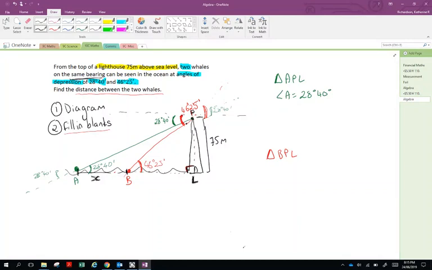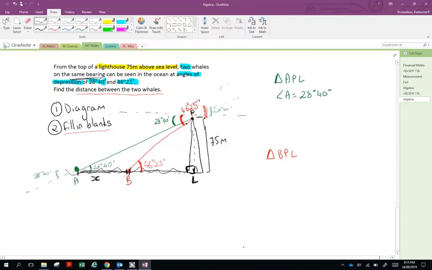You can see I've named the distance between A and B. I've named that X. I can't find X by itself with one maths equation, but we now have an angle and a side, so I can use SOHCAHTOA. For ease of communication, I'm going to set this out as so.